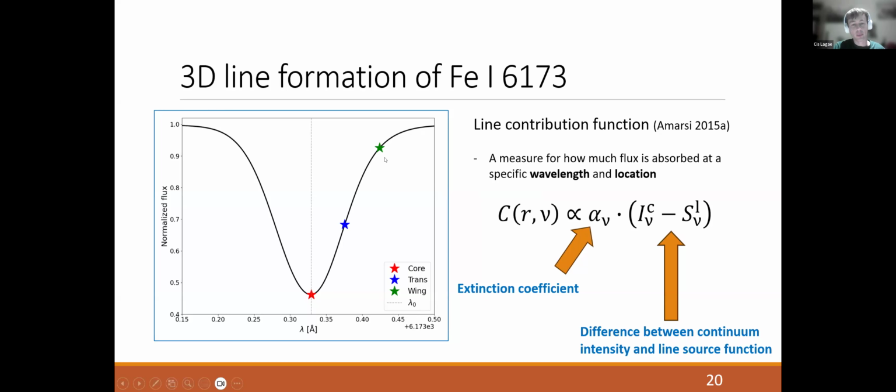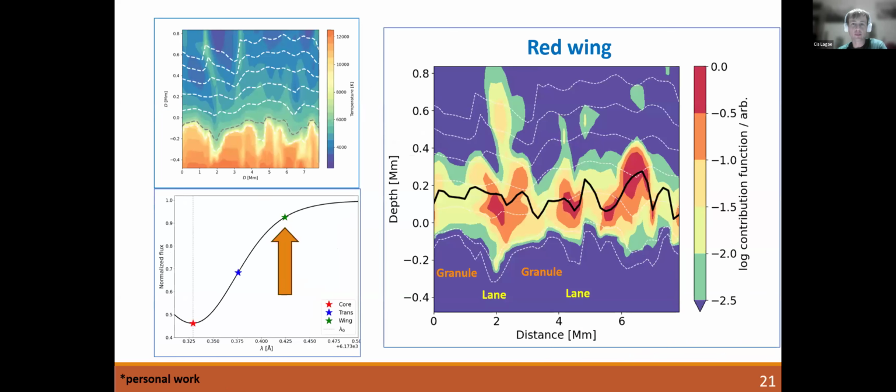I've done this for three points in the spectral line: the wing in green, the transition region in blue, and the line core. Let's see visually where our spectral line is forming and what it can teach us.